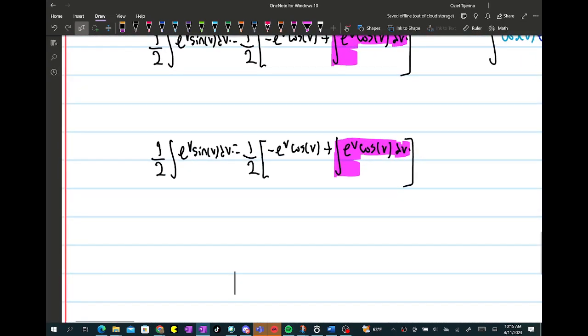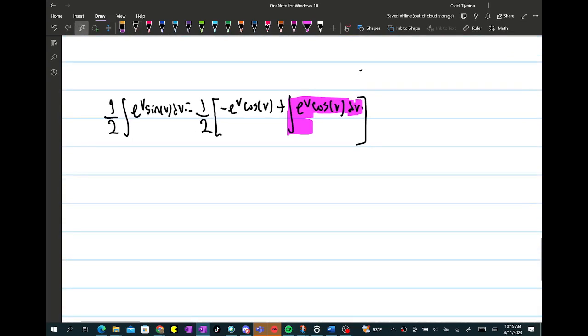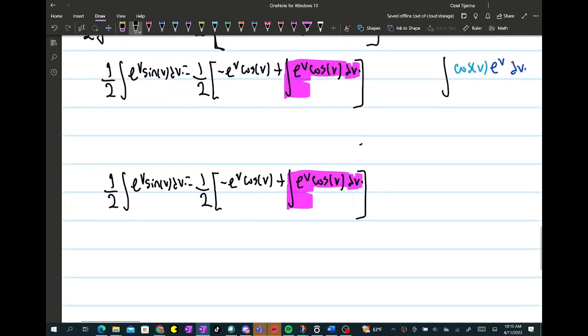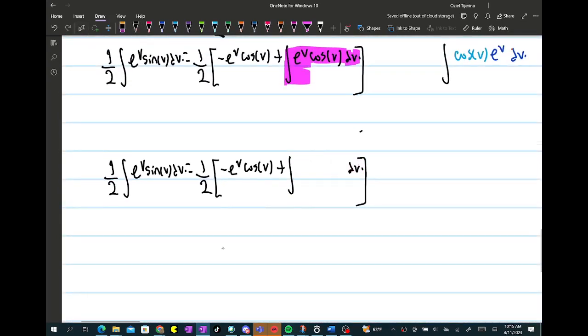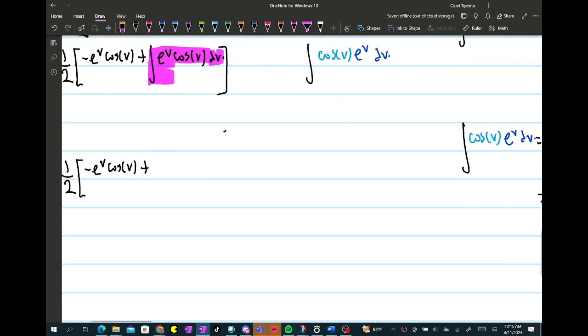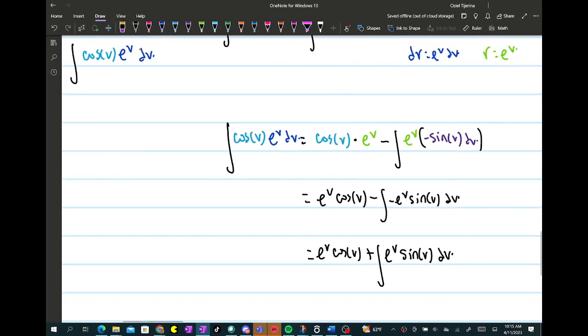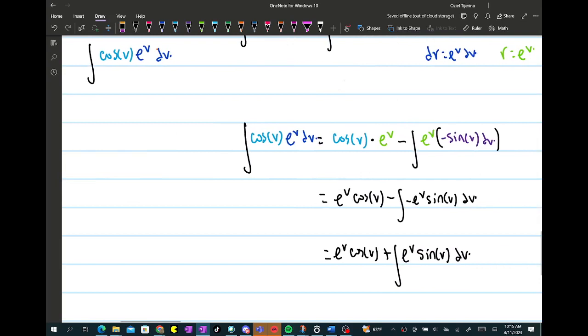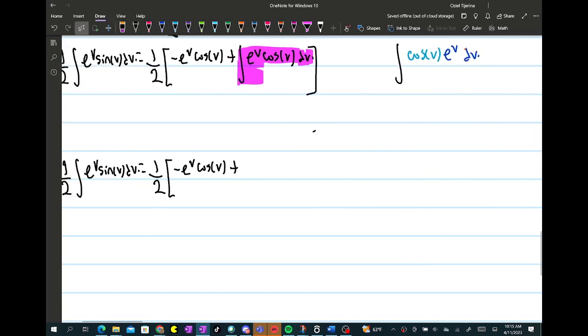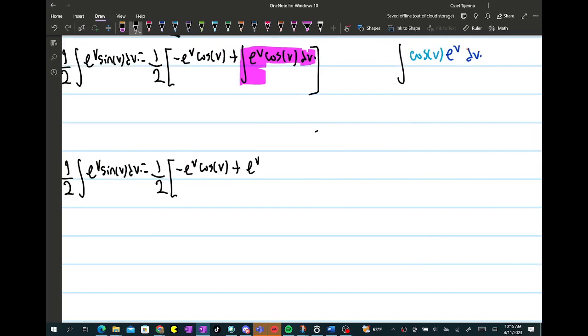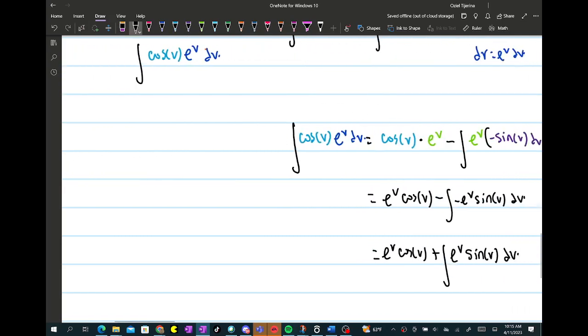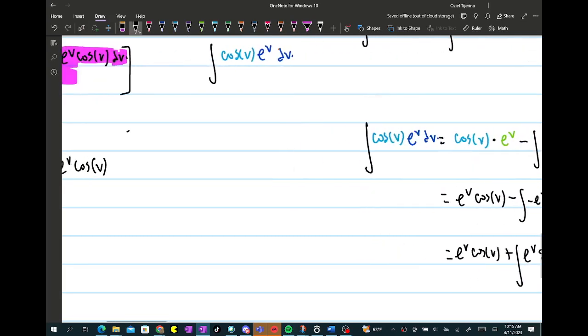This whole part right here, we're going to replace with what we just did. So we're going to do e to the v cosine of v plus the integral of e to the v sine of v dv. So it's going to be e to the v cosine of v plus the integral of e to the v sine of v dv.